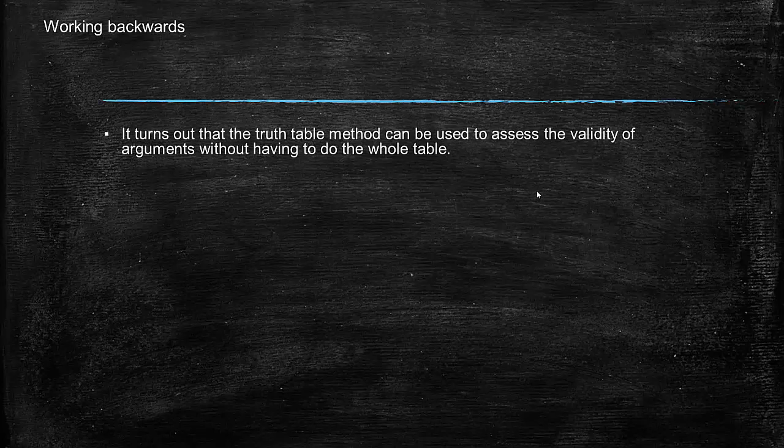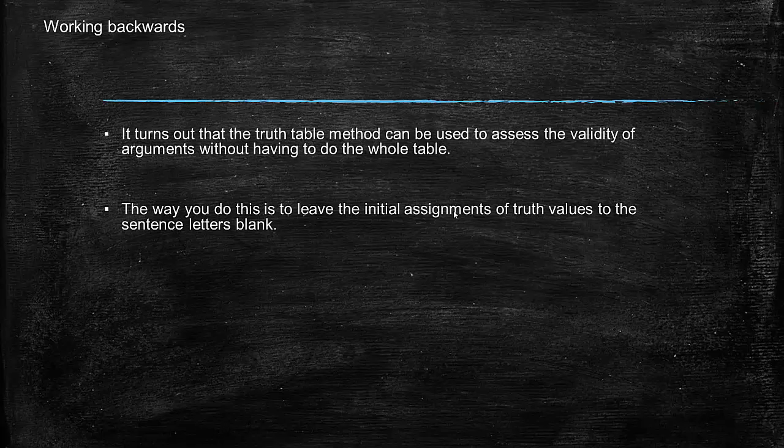Now, one last thing we'll talk about is the way to use truth tables to quickly assess an argument as being valid or invalid. And this is so that you don't actually have to do the whole truth table. This is what we call working backwards, which is sometimes called reverse engineering.